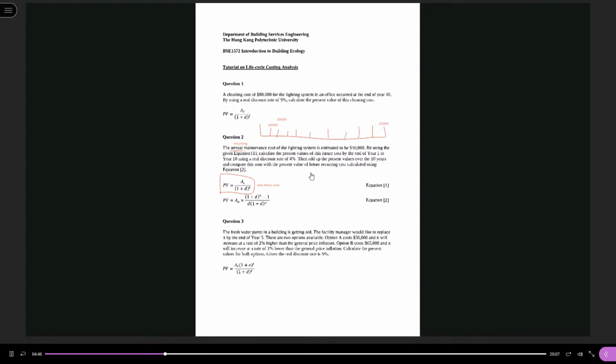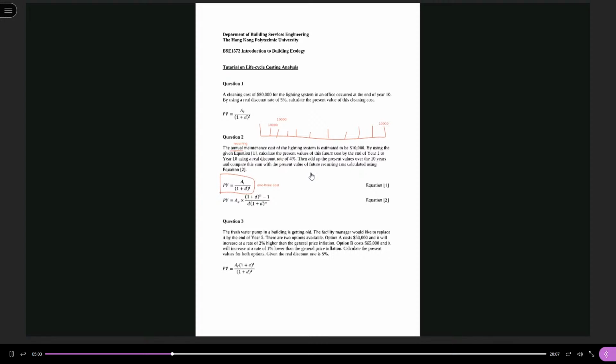So we may use equation 1 to calculate the present value of the $10,000 spent in year 1, then year 2, then year 3, then year 4.